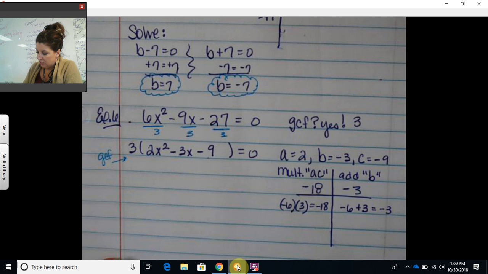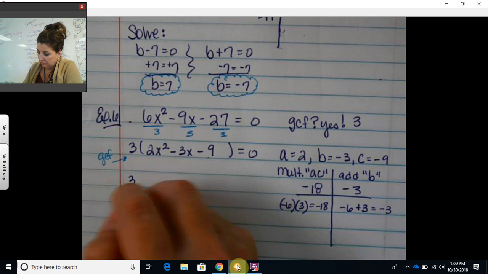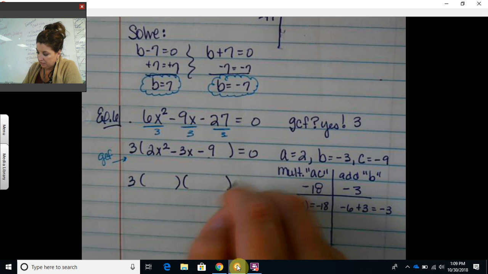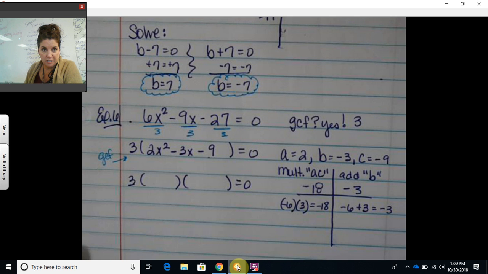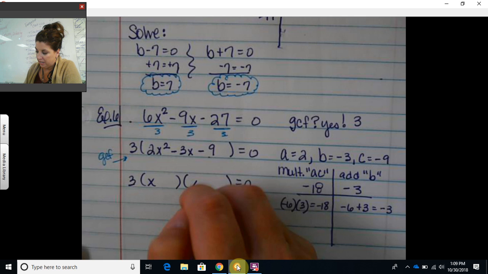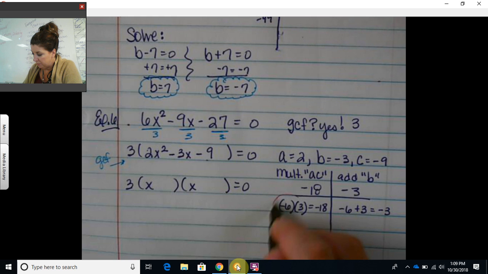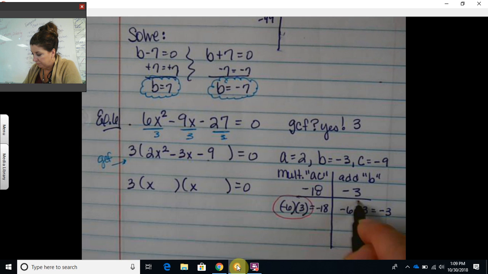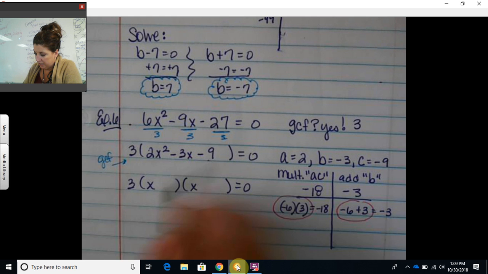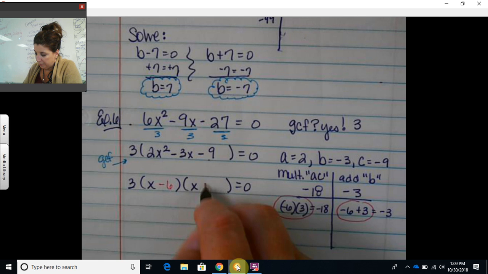So I have 3, open parentheses, 2 times. The variable they use this time is x, so that's going to be the first term in each set. The numbers come from the T-chart. Put a negative 6 in one set of parentheses, a positive 3 in the other.